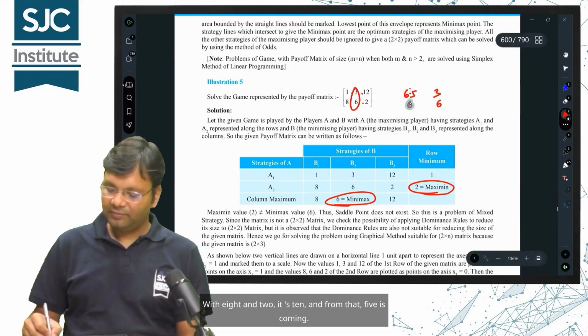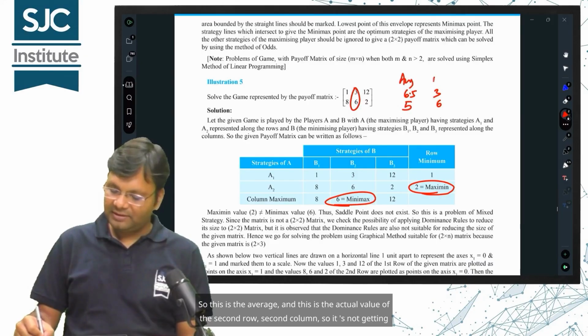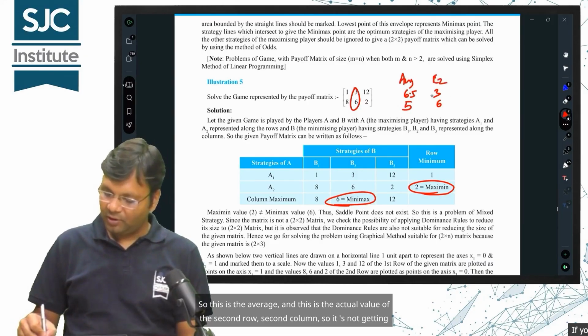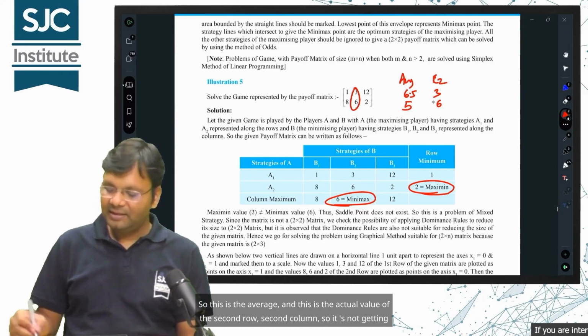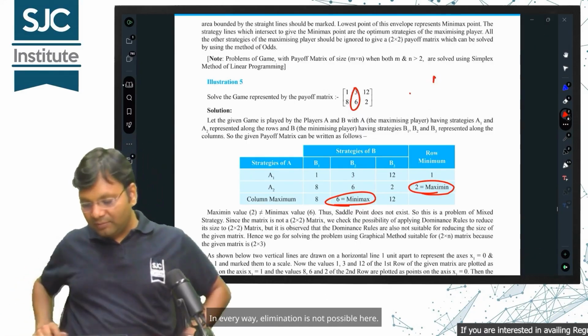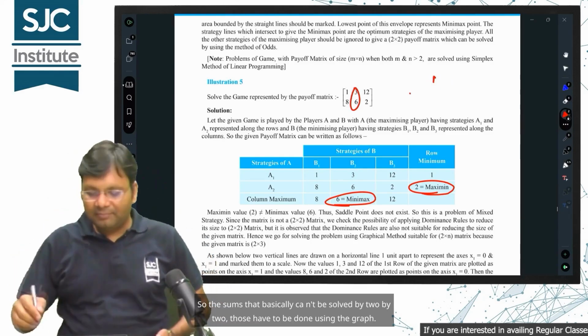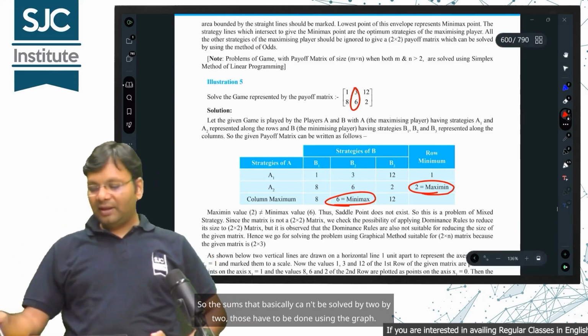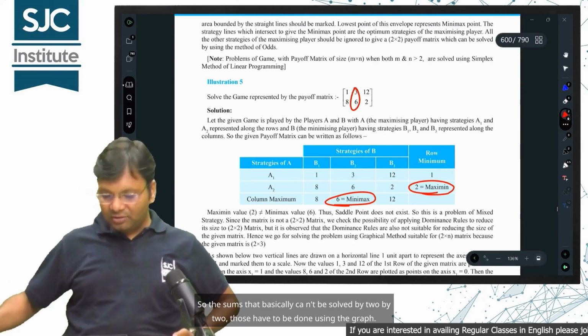With 8 and 2, it's 10, and from that, 5 is coming. So this is the average, and this is the actual value of the second row, second column. So it's not getting eliminated. In every way, elimination is not possible here. So the sums that basically can't be solved by 2 by 2, those have to be done using the graph.